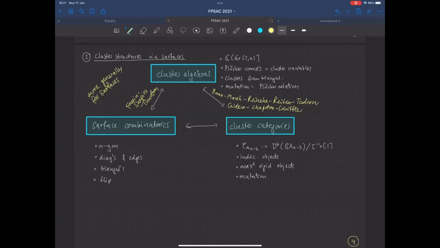In relatively high generality, whenever you can get a cluster algebra from a surface, yes, and then it's the Ptolemy relation. But there are other cluster algebras which are not coming from surfaces. Okay, thanks. You're welcome. Yes, but the surface approach has been very fruitful.